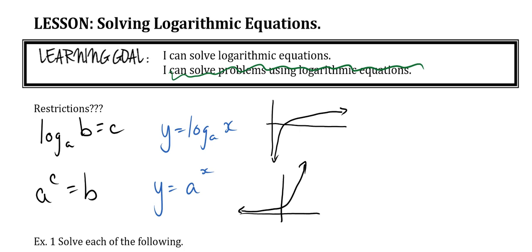And I start changing the x's. So I get A to the 2 is positive, but A to the 3 is negative, A to the 4 is positive again, A to the 5 is negative again. That's not a function. It jumps around. There's no smooth curve that goes through that. It's not a function. So A has to be positive. Very good. That's one of our restrictions.